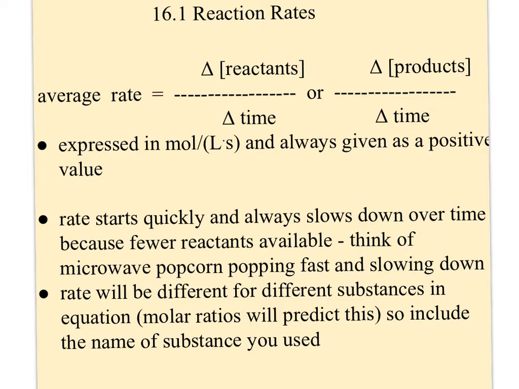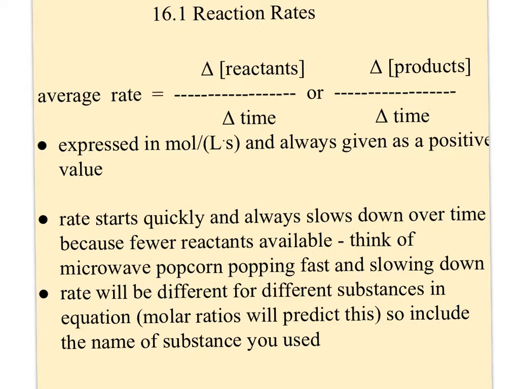We also include whether that's a reactant being consumed or product being produced, and we let you know which reactant or which product that is based off of. We always give it as a positive value, so even if it's a reactant being consumed and the amount is decreased, instead of expressing it as a negative, we simply say reactant consumed, and you can figure out that it's being used up.